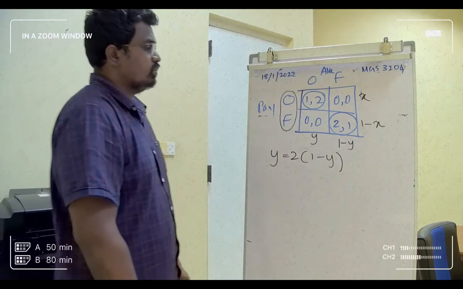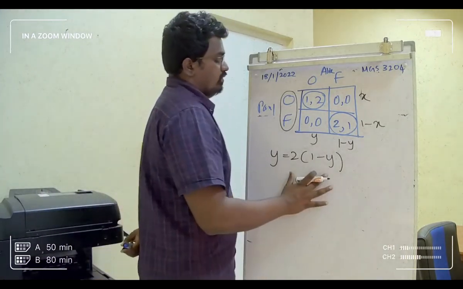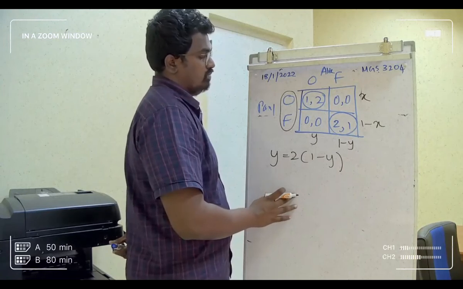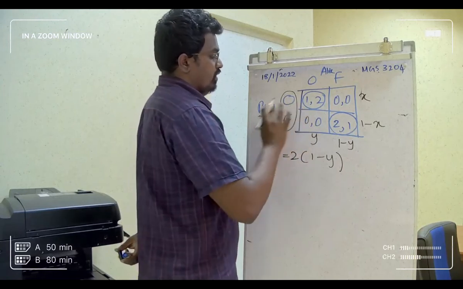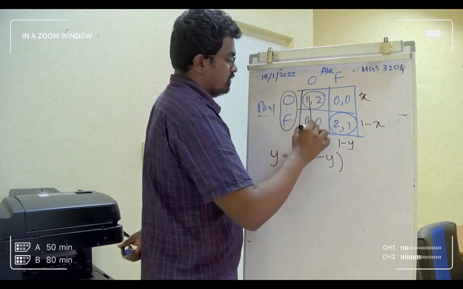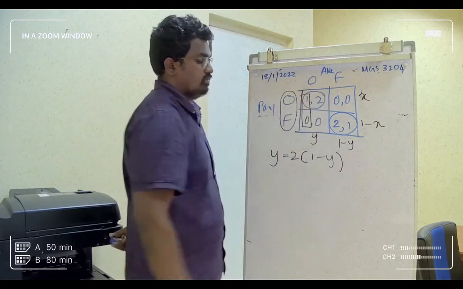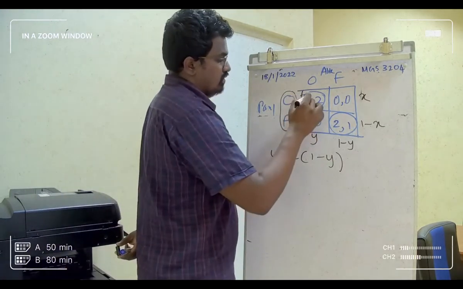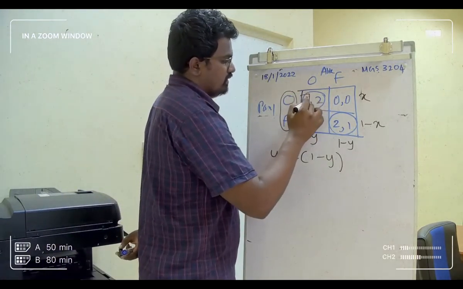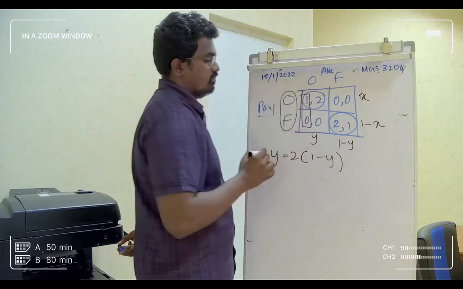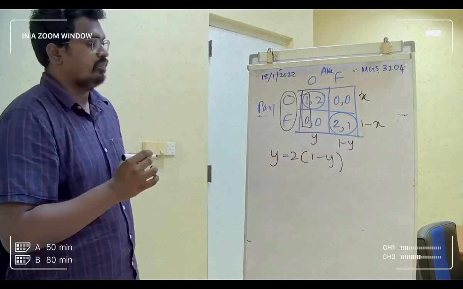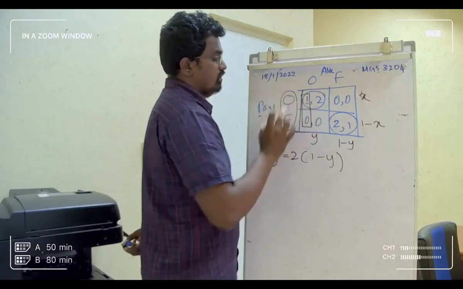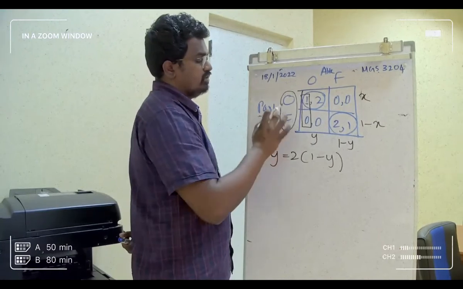Here we'll look at Paul's outcomes. Paul has two outcomes, and of these two, this is the best outcome in terms of probability.